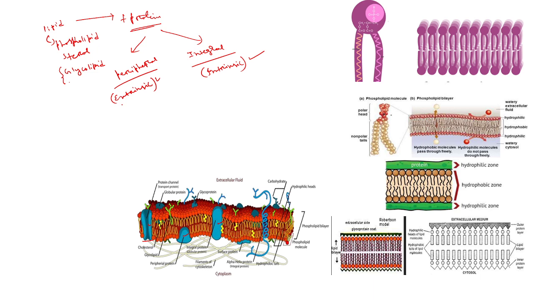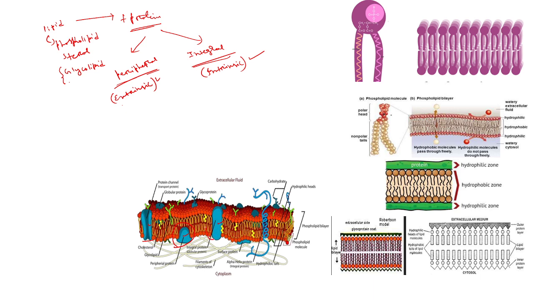The extrinsic, or the peripheral, as the name suggests, means it is only present at the periphery. Look at the structure of the protein. This is present only at the outer area of the lipid, and this is called the extrinsic or peripheral. So what is the integral? That means it must have gone to the core of the plasma membrane.